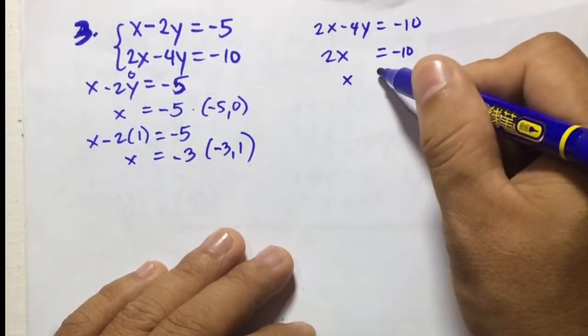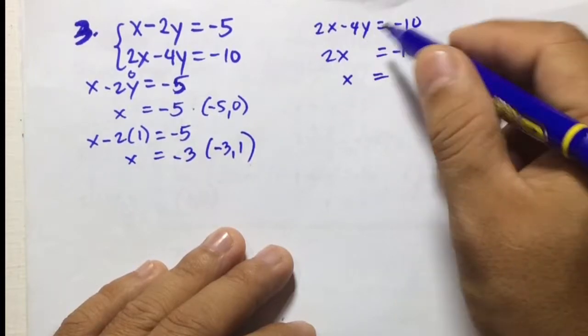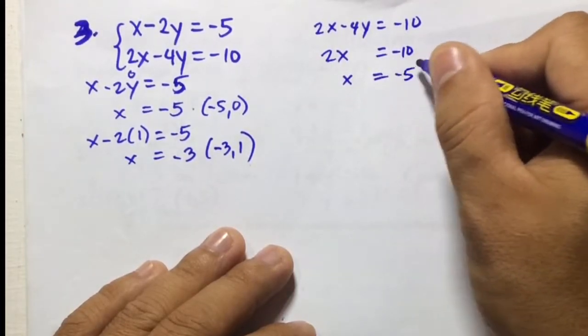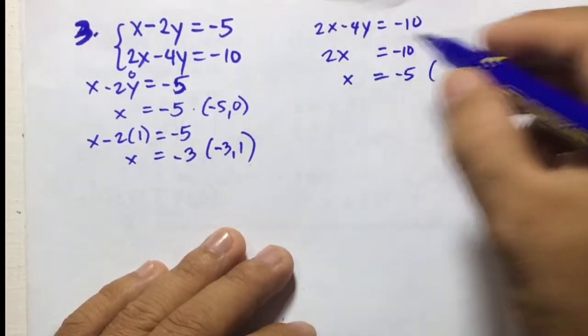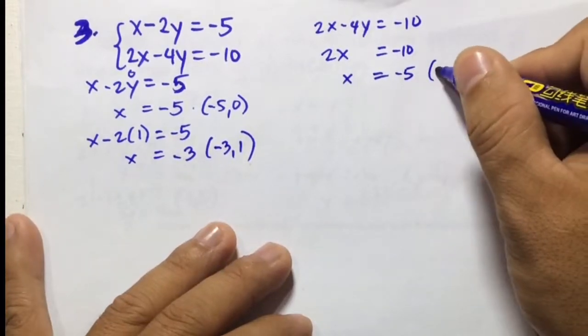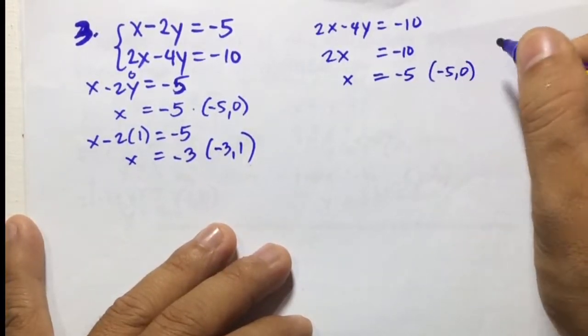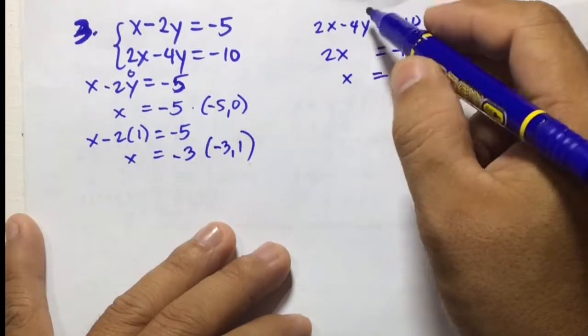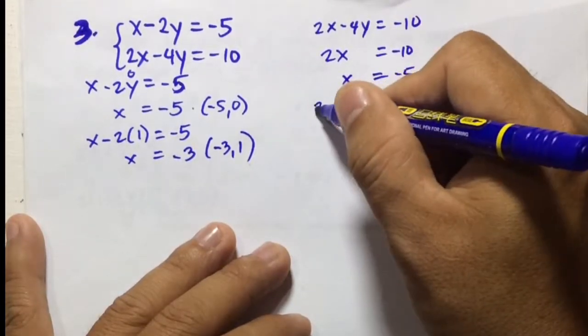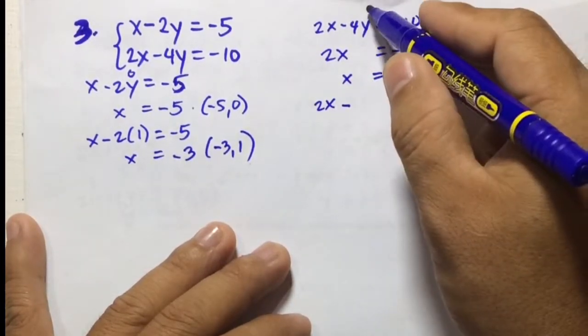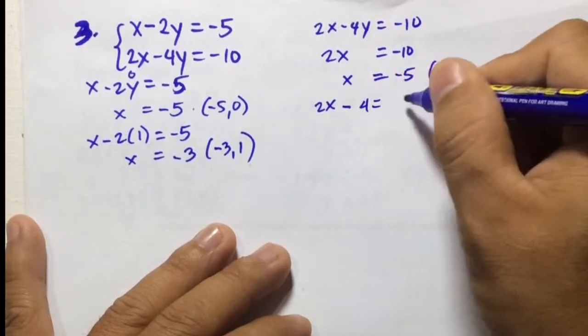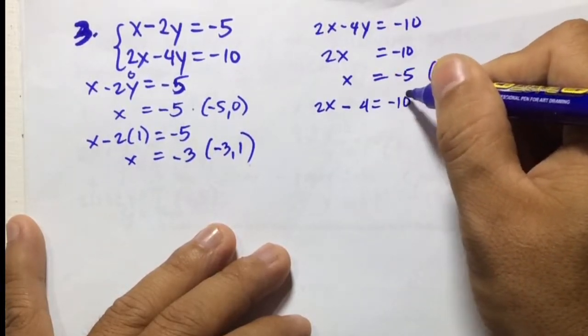So x here will be equal to negative 10 divided by 2, which is negative 5. So this is the same as equation number 1. So negative 5, 0 is the first point. And if we're going to let y equals 1 here, we're going to have 2x minus 4 equals negative 10.